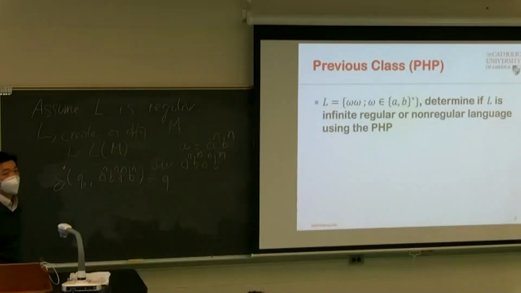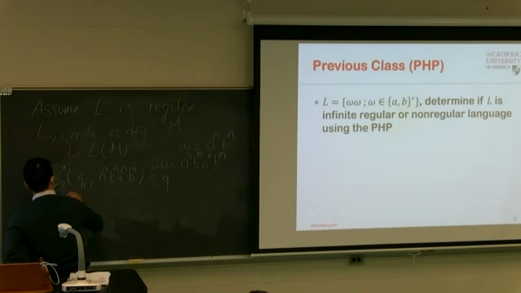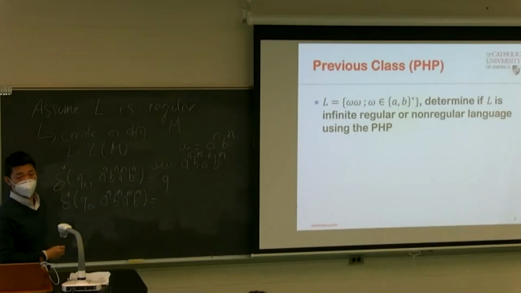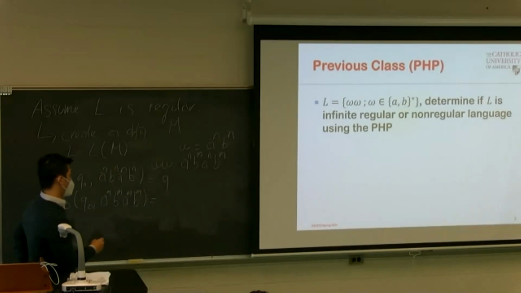We need to do another transition with M instead of N. Same thing, but instead of N, it's M, which is also equal to the same Q.